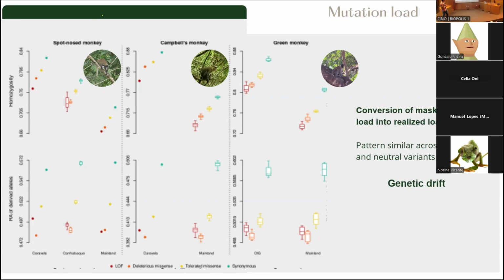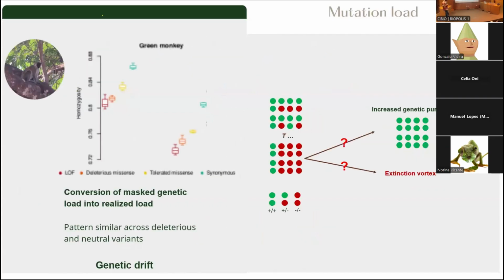Here on the homozygosity plots, we see an increase in insular populations compared to the mainland across the three species. So another generalized pattern, probably resulting from the commonalities of insularity. Anyway, another interesting thing is that we see this pattern regardless of the type of mutation: loss of function, deleterious missense, tolerated missense, and synonymous all show the same pattern.